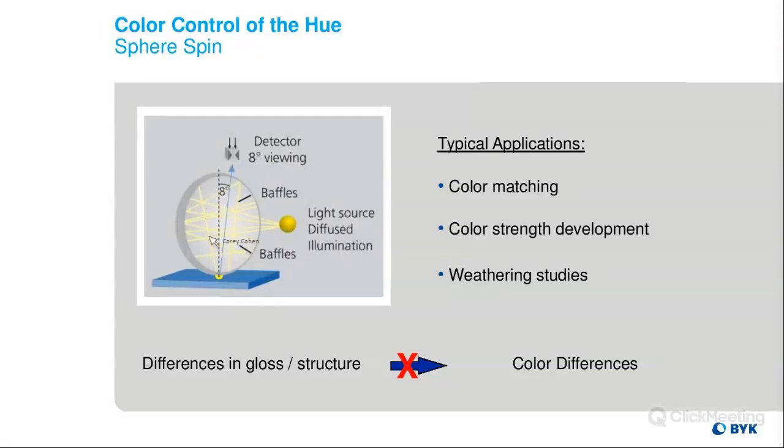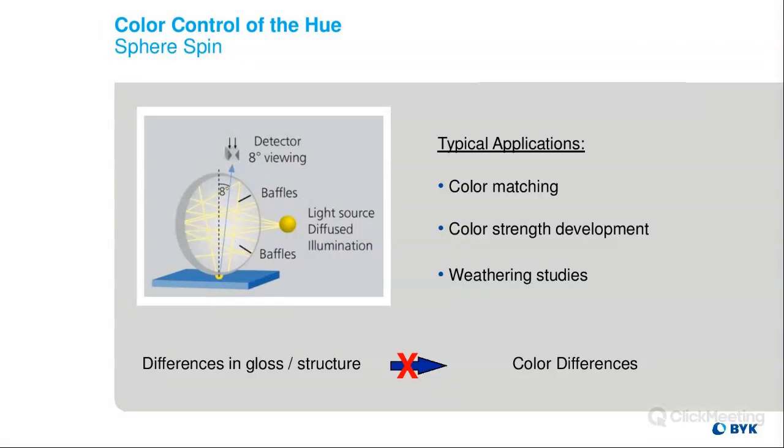By the time it hits the sample that you're measuring, that light is diffused, meaning it's hitting the sample from all directions. So it's not directional like with the 45-0. It's a diffused light source, hitting the surface from all angles. And then the detector is positioned at 8 degrees off normal, hence D8. So if you see D8, you know that is a sphere instrument.